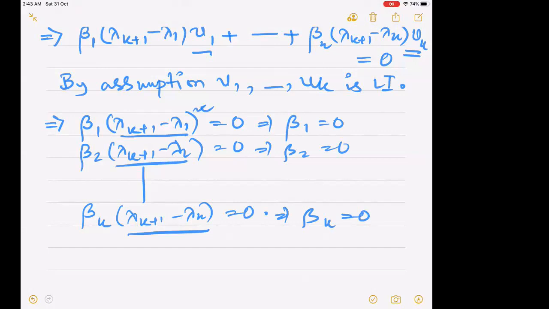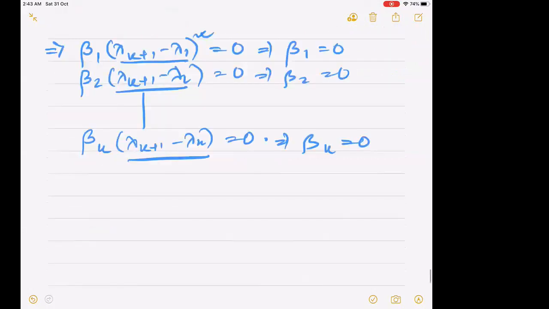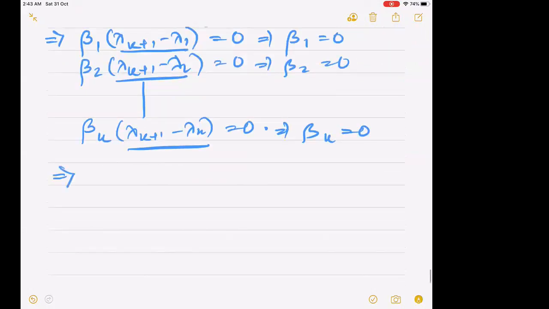So these numbers beta 1 up to beta k are 0, which then implies vk plus 1, which is equal to beta 1 v1 plus dot dot dot beta k vk, is equal to 0 because these are linear combinations. The coefficients are 0, but there is a contradiction because these v's have been assumed to be non-zero.